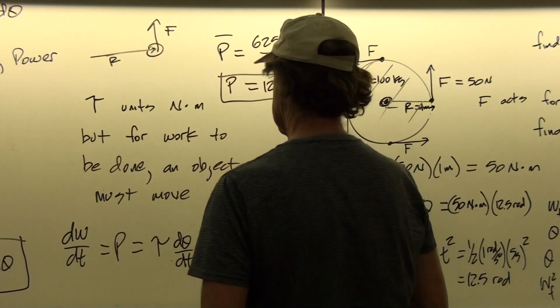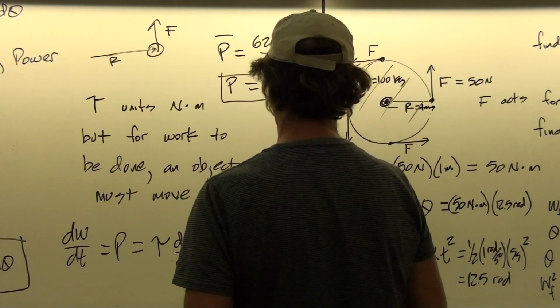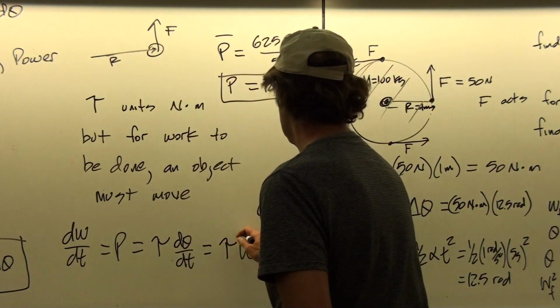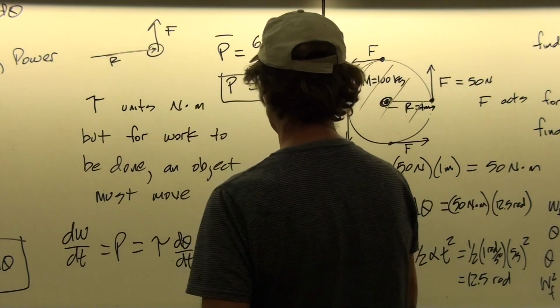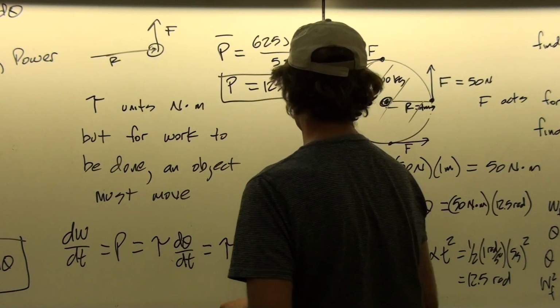Now, another way that we could have calculated this would have been to look at the power expression from the standpoint of constant torque being applied through a certain rotation rate.